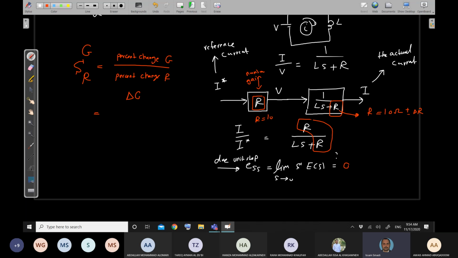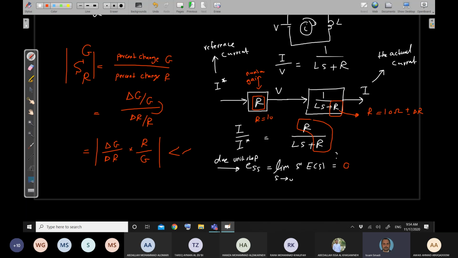So it's delta G over G divided by delta R over R, which I can rewrite as delta G over delta R multiplied by R over G. I need to take this as an absolute value, of course, because there is no meaning for the plus and the minus.